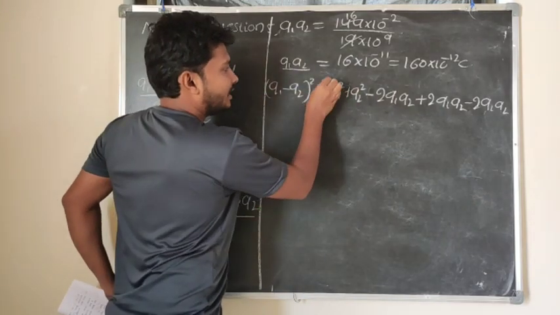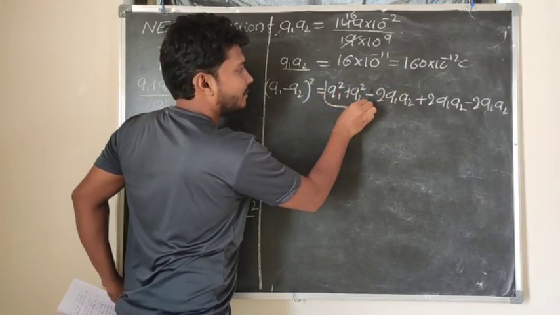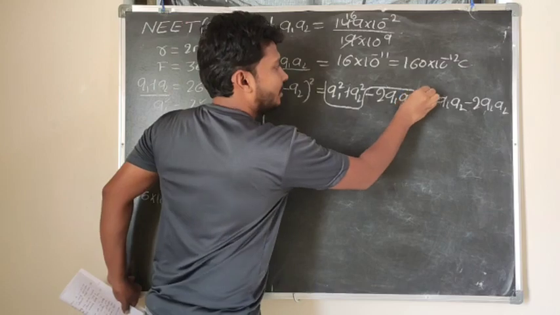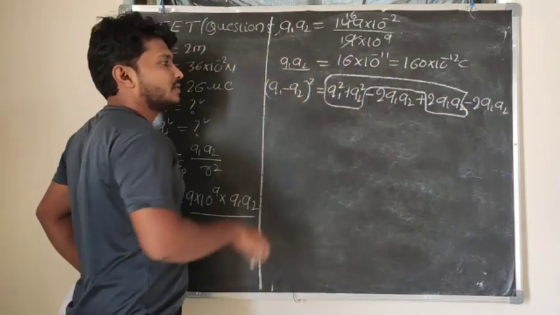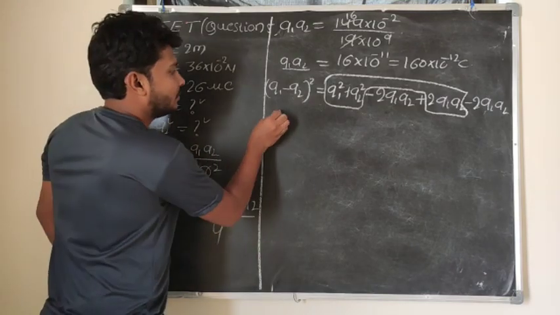Now I will rearrange this equation. Q1 square plus Q2 square plus 2 times Q1 into Q2 is nothing but (Q1 plus Q2) whole square.